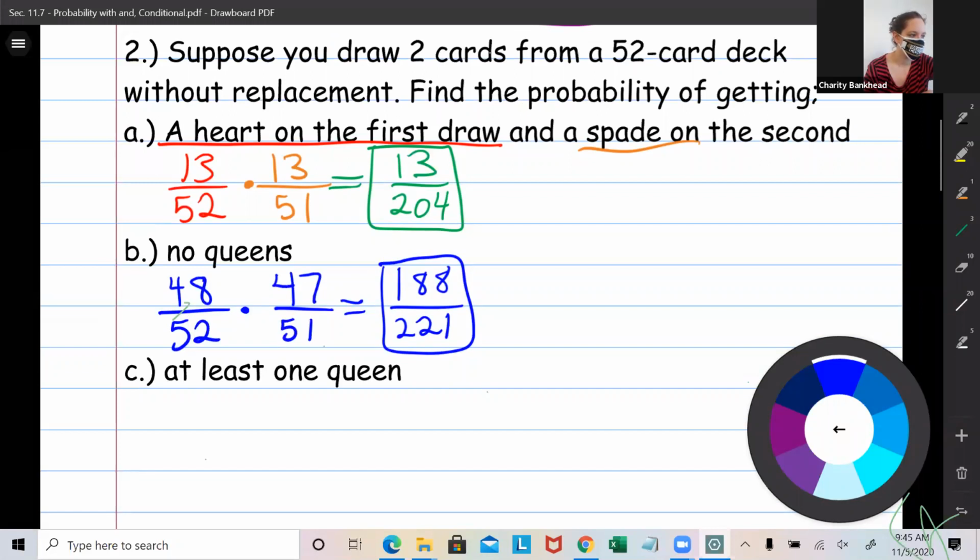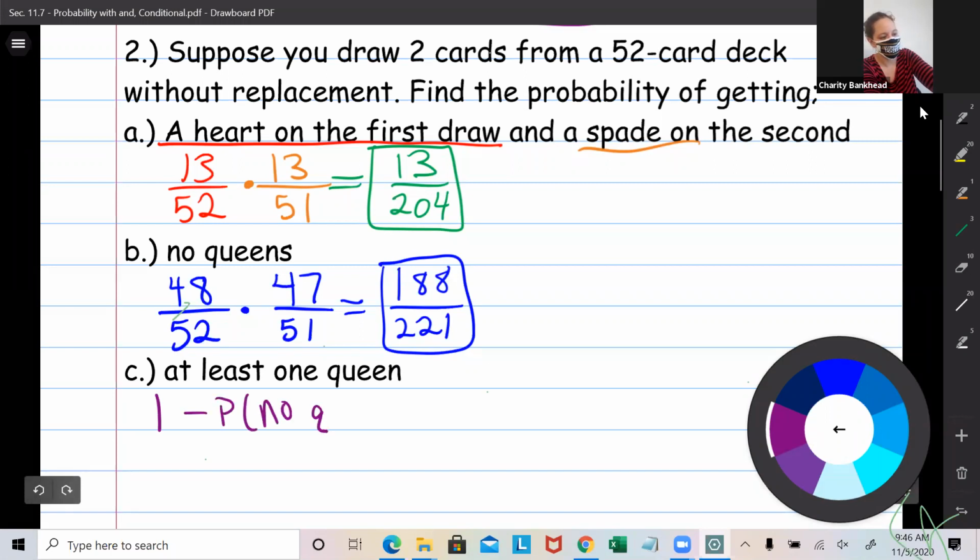All right, so then at least one queen. The probability of getting at least one queen is going to be the opposite of getting no queens. That's like the complement of getting no queens. So the probability of getting at least one queen is going to be 1 minus the probability of getting no queens.